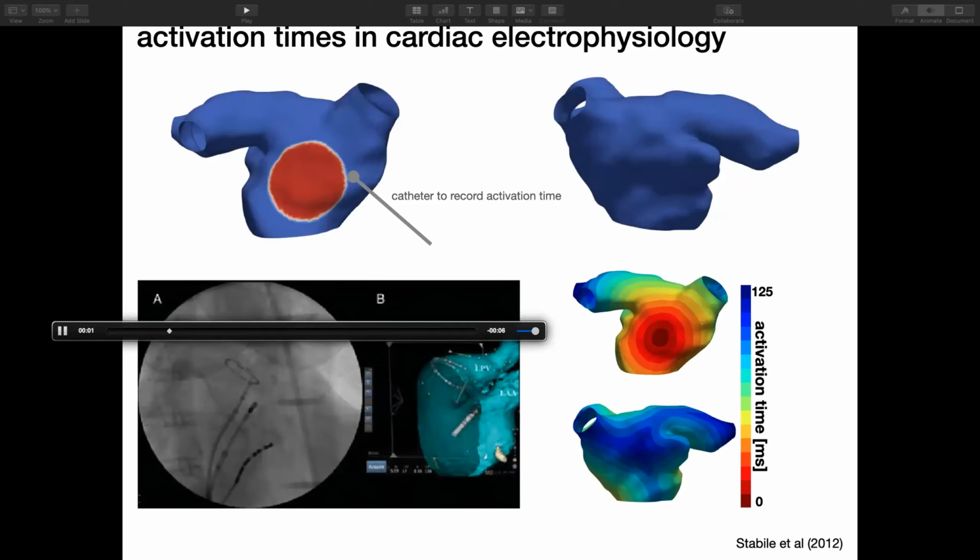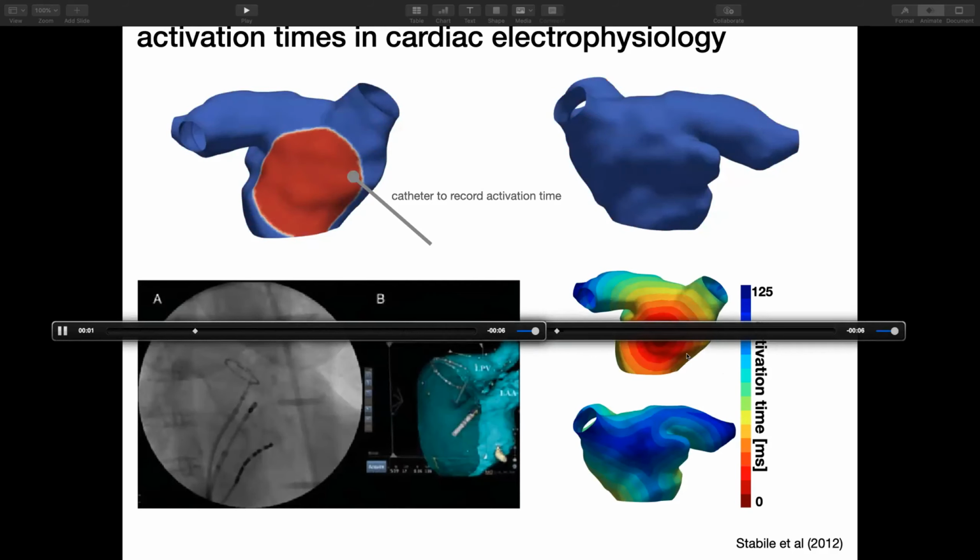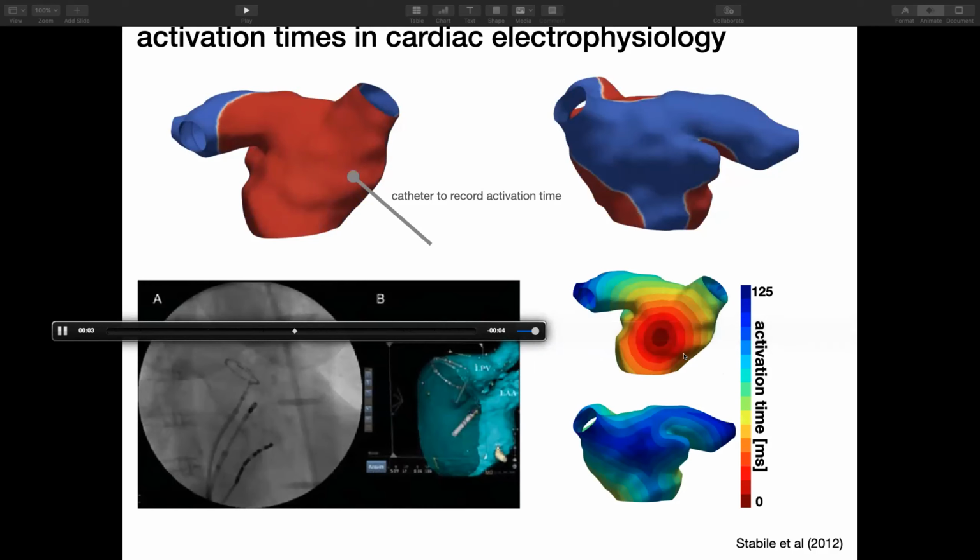So the idea is that we would like to create something like this, an activation map, where basically I know at every point at which time the electrical wave arrived. And this is widely used in clinics. It can be done minimally invasive, and we think we can extract a lot of information from this data.